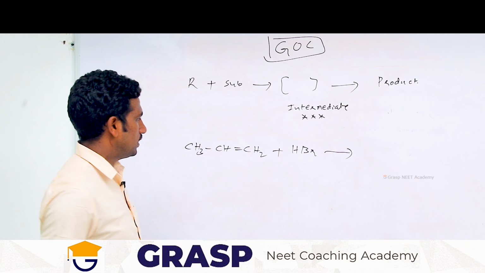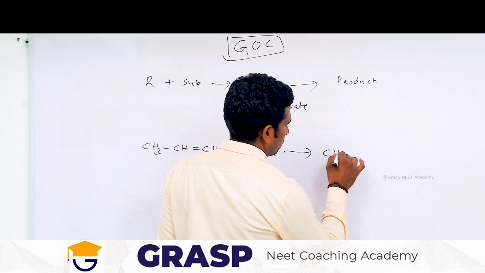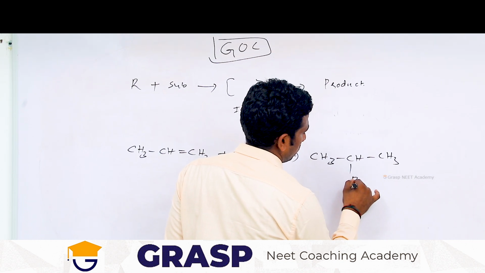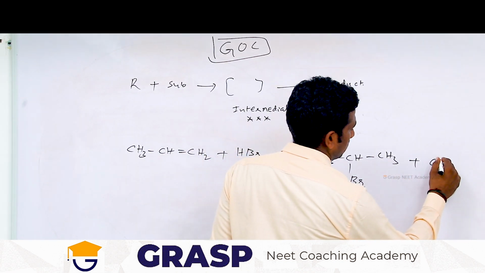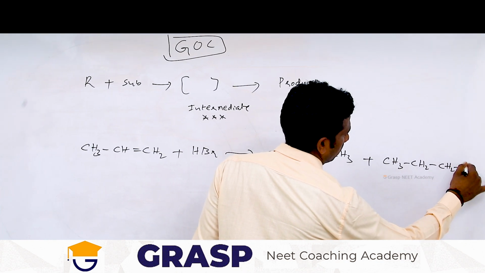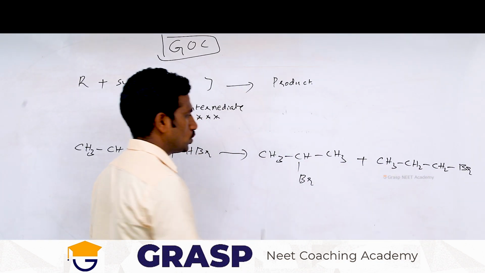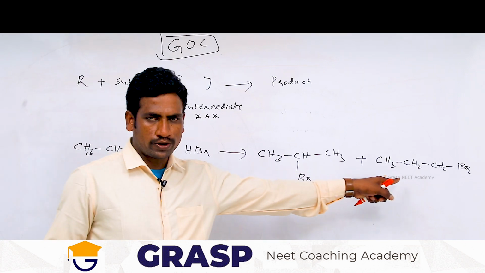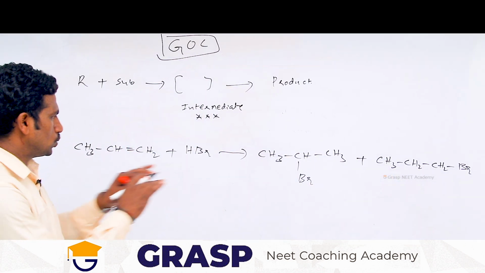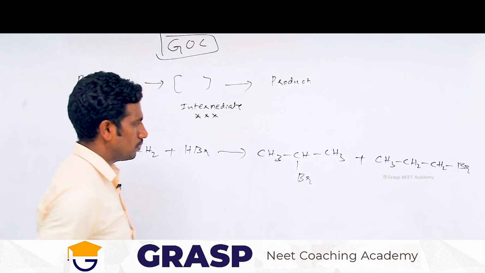Propene plus HBr. Here I get two types of product. CH3-CH(Br)-CH3, and one more product, CH3-CH2-CH2Br. The first one is 2-bromopropane, the second one is 1-bromopropane. Among these two compounds, which one is the major compound?